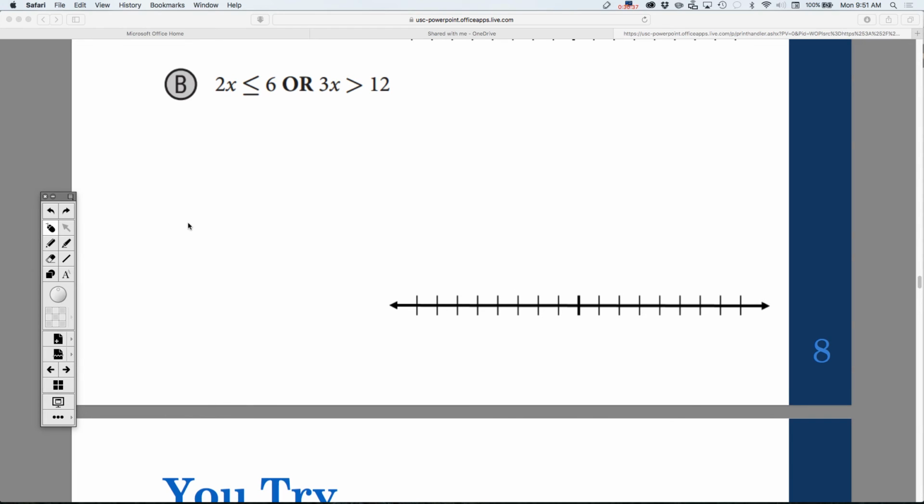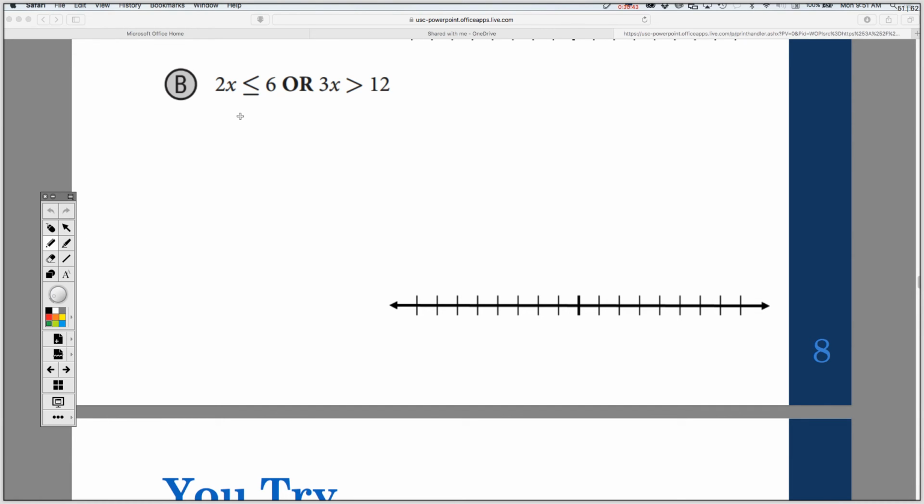2x is less than or equal to 6, or 3x is greater than 12. Okay, 2x is less than or equal to 6. How do I move the 2? So build your wall. How do I move the 2?